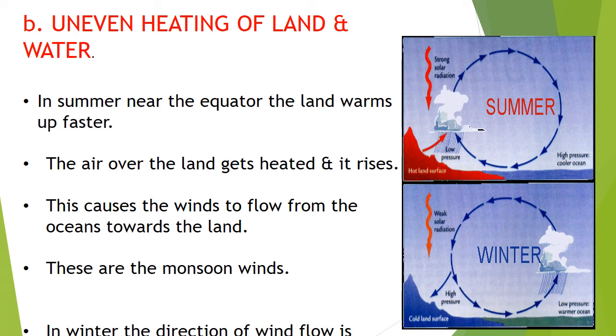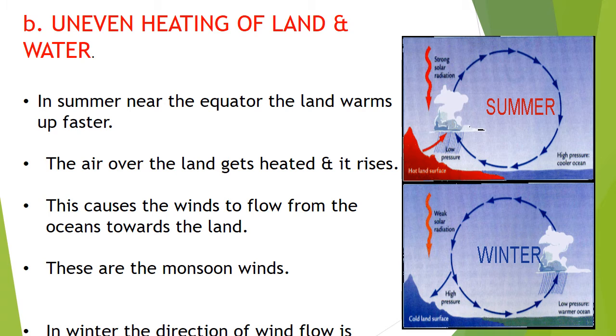So you can see in this picture, during the summer, the land surface is hot and the ocean surface is cooler. So the air on the land gets heated and rises up, and the air from the ocean takes its place. This process continues. Okay. And at the low pressure regions, there is a formation of clouds.